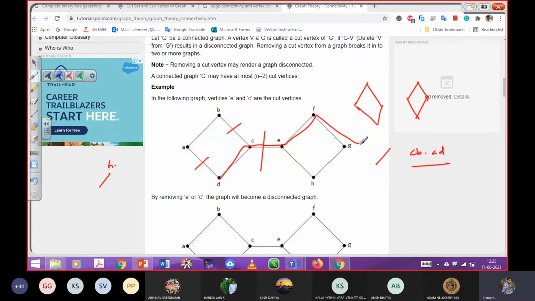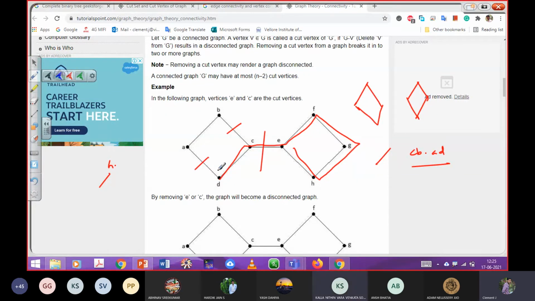Now also I have two components. Both the components are subgraphs of the original graph G. So this is also a cut set. In the same way, I can have multiple cut sets in a single graph G. So this is the definition of cut set.